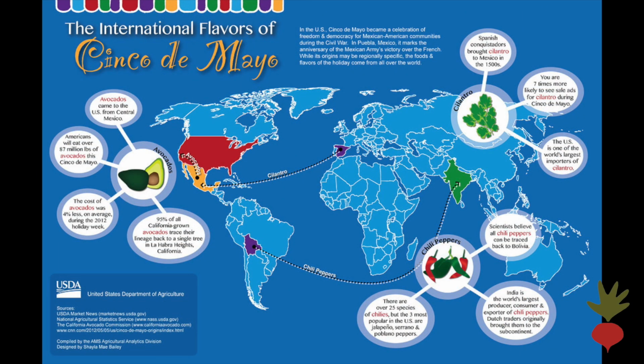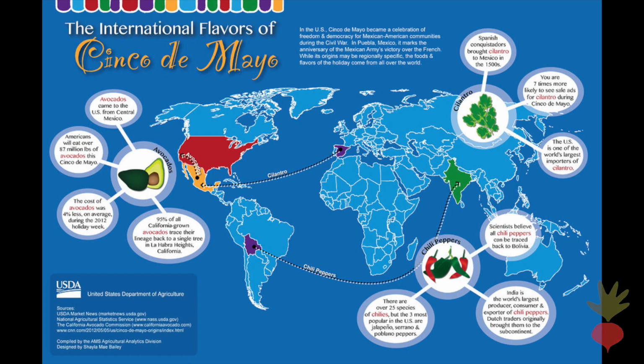So here is a map showing a few different foods and where they come from in the world. And I'm showing you this one in particular since we did just celebrate Cinco de Mayo and we're making quesadillas, which come from Mexico. This map shows us avocados, cilantro, and chili peppers.